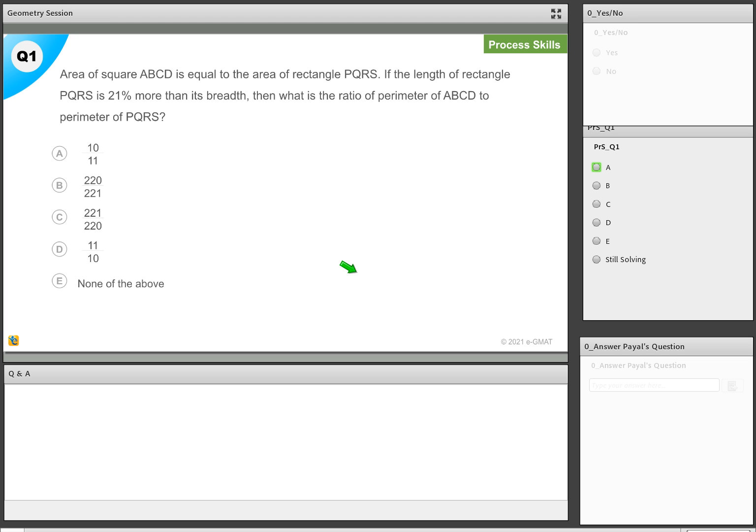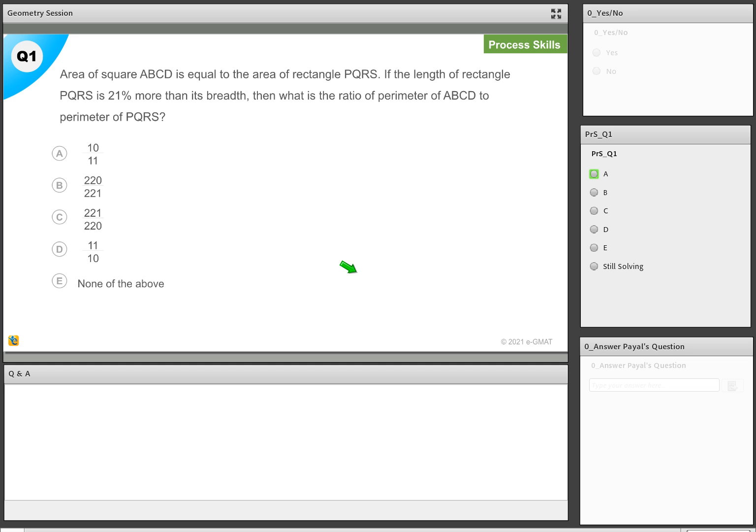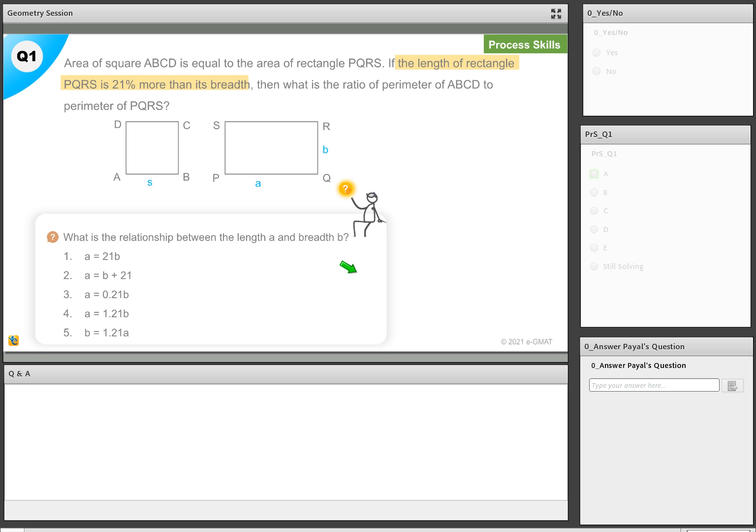All right, I'm going to end the poll now. All right. How was this question? Let's understand the step-by-step process for solving this question.